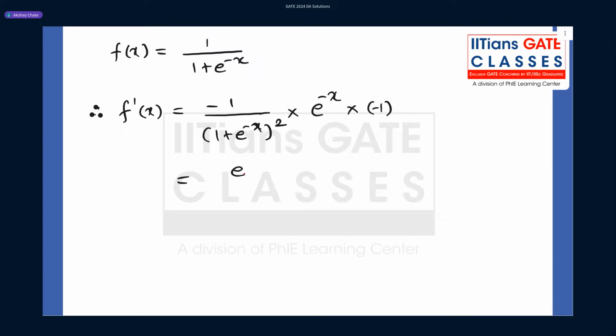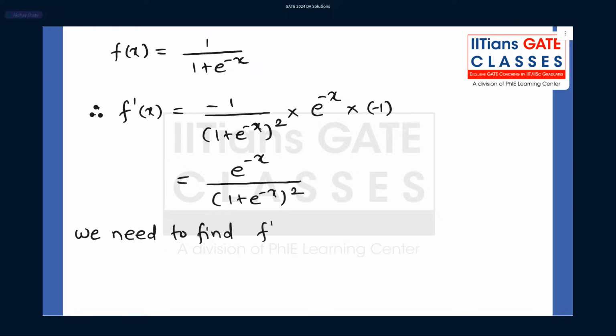So you'll have e to the power minus x divided by 1 plus e to the power minus x whole square. This is what we need to find: f dash of x star, where x star is minus ln 1.5.